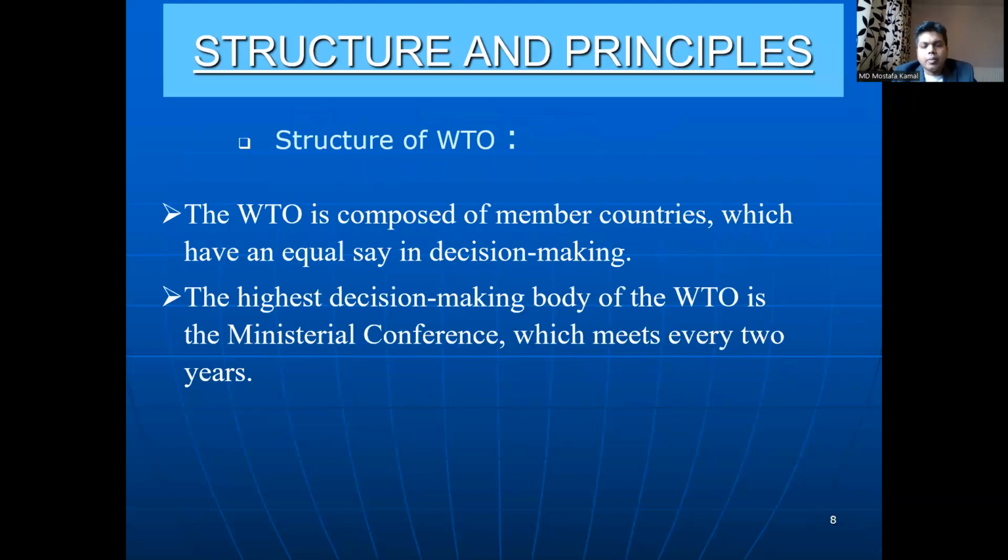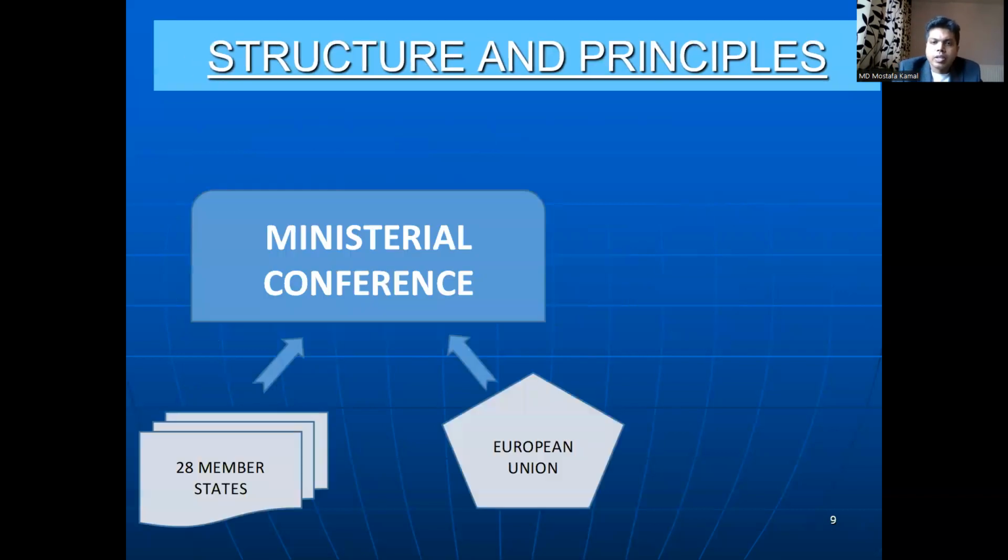So we can see in the next slide the structure of the World Trade Organization, which is composed of member countries that have an equal say in decision making. Besides this, the highest decision-making body of the World Trade Organization is the Ministerial Conference, which meets every 2 years.